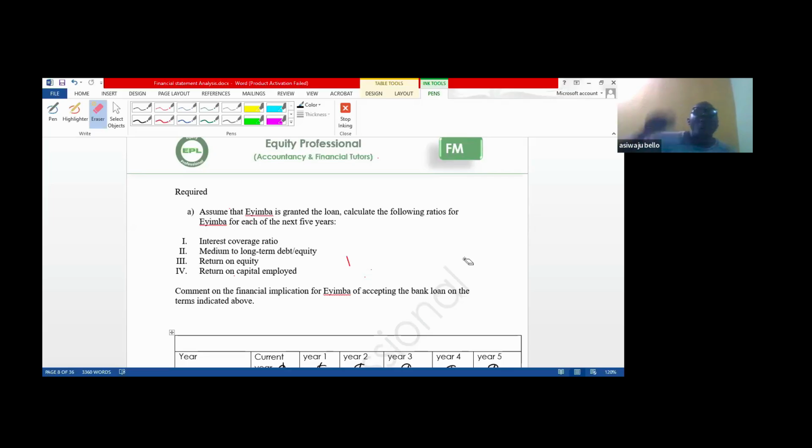Do we have enough cash to meet repayment of the loan every year? That should be your first concern. Because failure to repay the loan, the bank can terminate the life of your business.